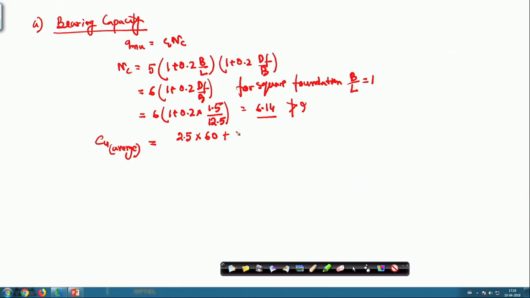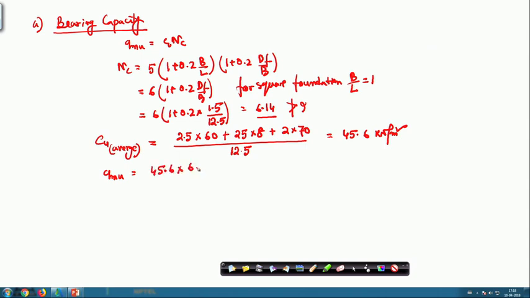So, 60 × 2.5 plus 25 × 8 plus 2 × 70, divided by 12.5 meter, is equal to 45.6 kilonewton per meter square. So q net ultimate is 45.6 × 6.14, which is equal to 215 kilonewton per meter square.